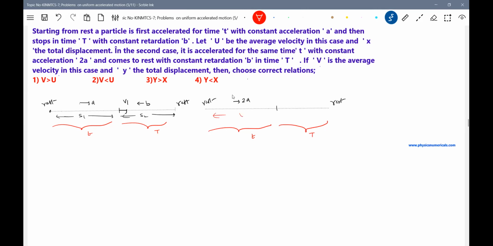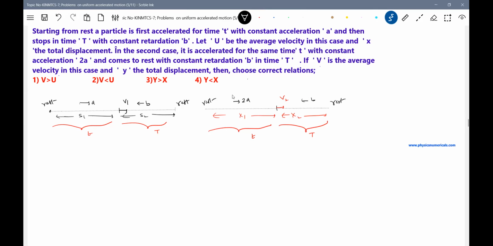You can call this x1, this distance x2. Call this v2. Then it will have retardation B. I think the data available is what I have just put.